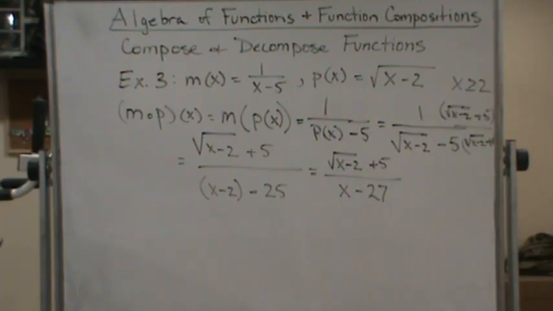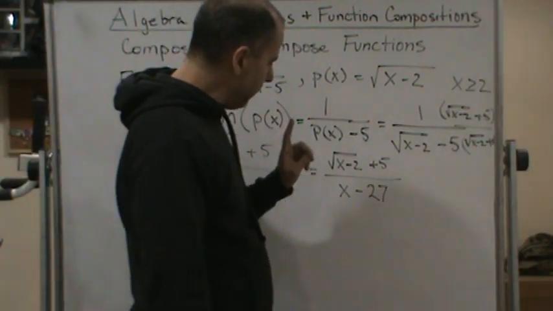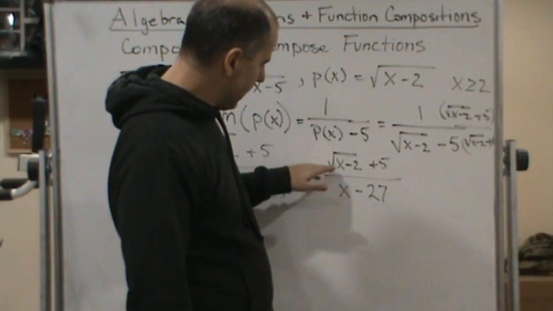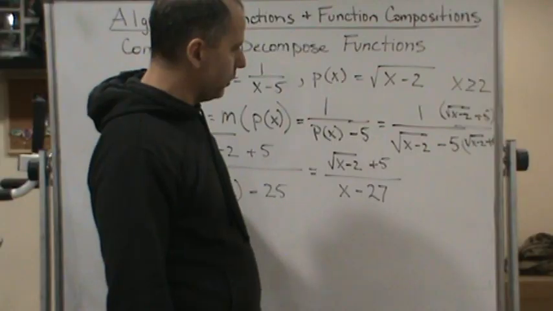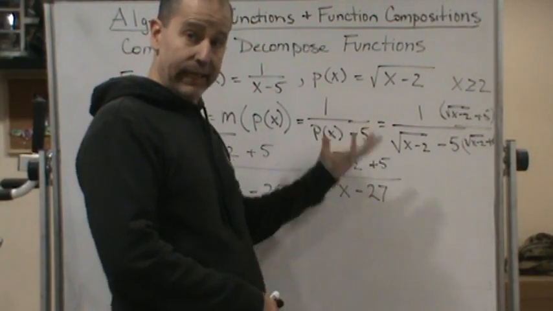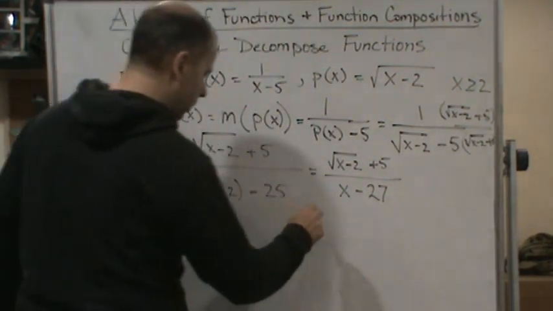I can't have x is 27. So what did we say before? X can't be 27, but also we said x has to be greater than or equal to 2, which is exactly what we had deduced from looking at the domains.